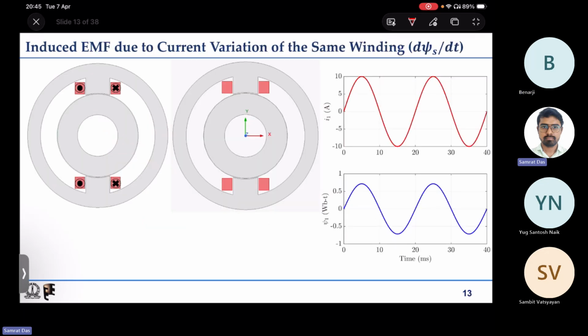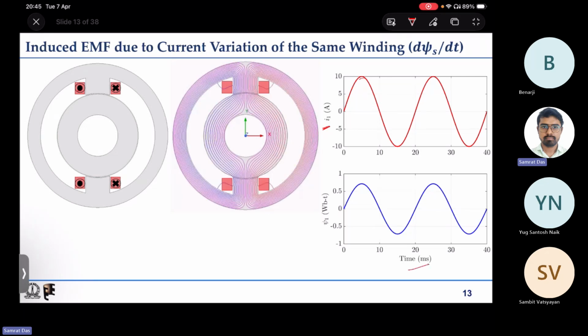So the first case we'll consider is current variation in the same winding, that is, we are concerned with winding 1 and the current of that winding itself is changing. This is a stator, we have some winding, dot and cross, again dot and cross, and the winding is injected with some sinusoidal current I1 varying with time.